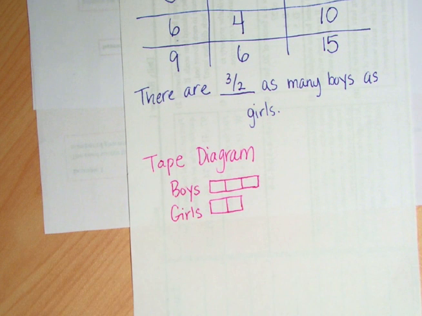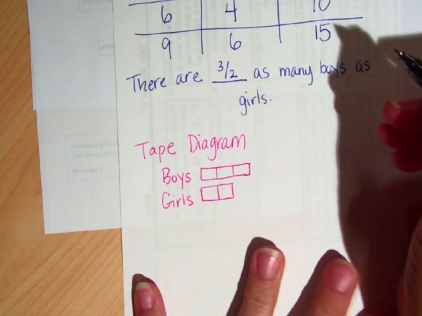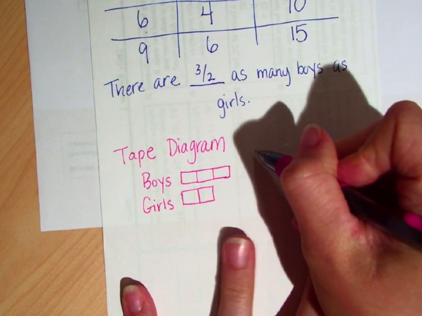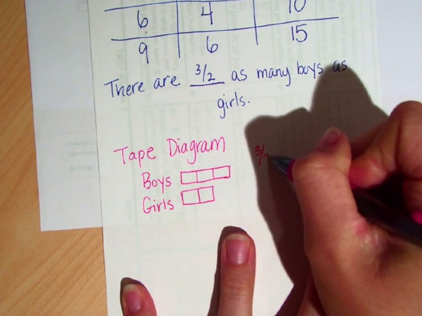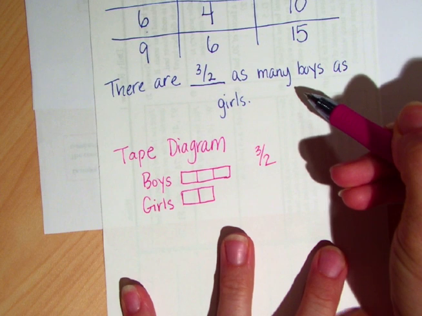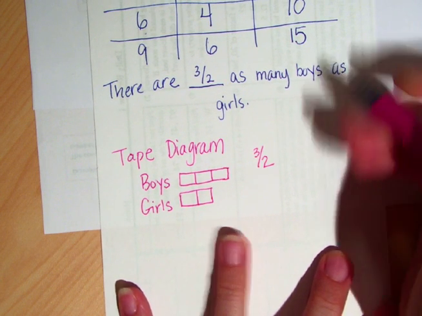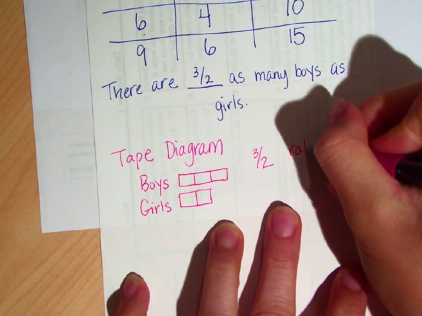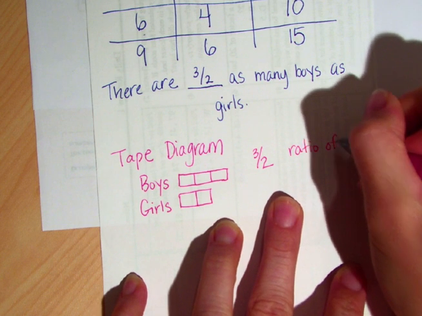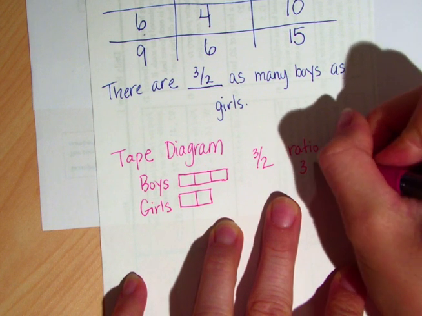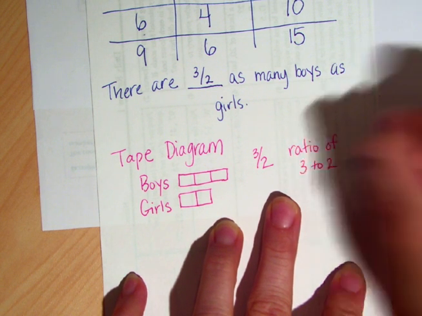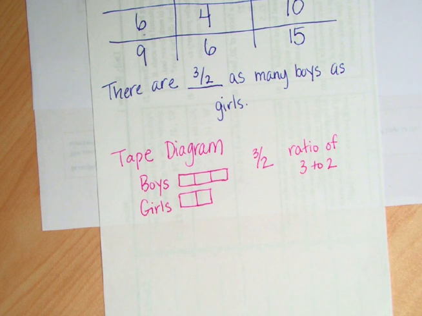Okay, which is easier for you to think of? I'm just going to write this example here so you can see what I'm asking. Is it easier to think of there are 3 halves as many boys as girls like we have here? Or there's a ratio of 3 to 2 boys to girls, or the ratio of boys to girls is 3 to 2.